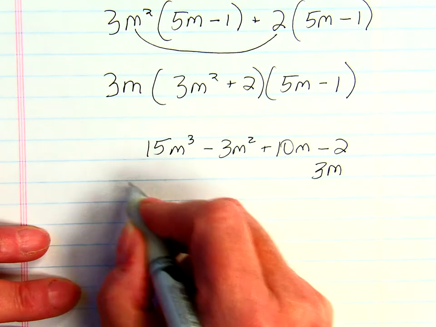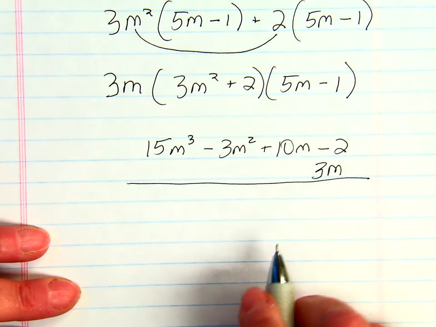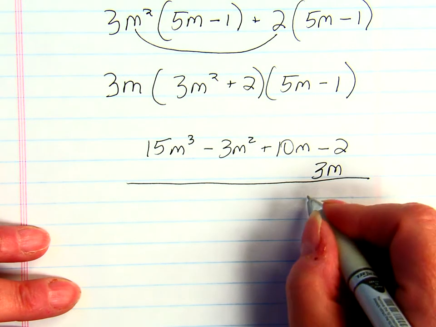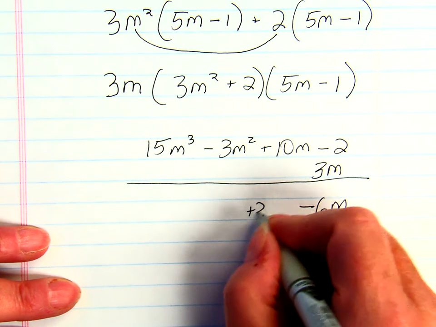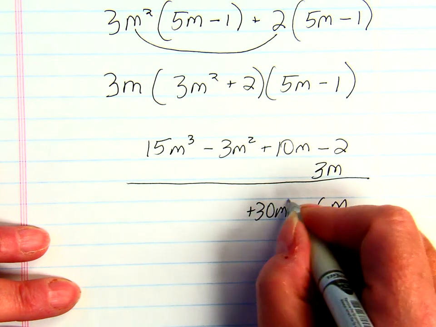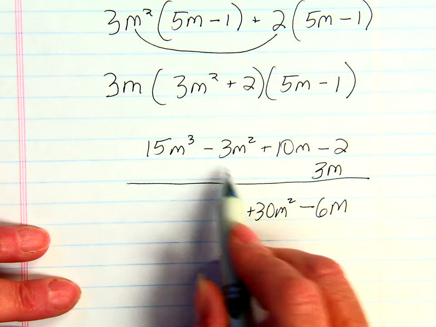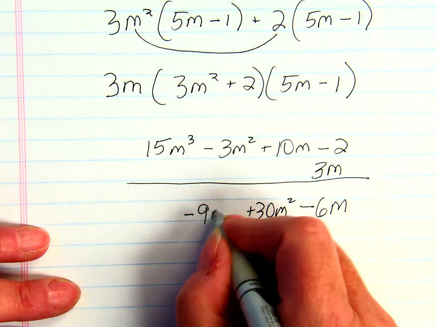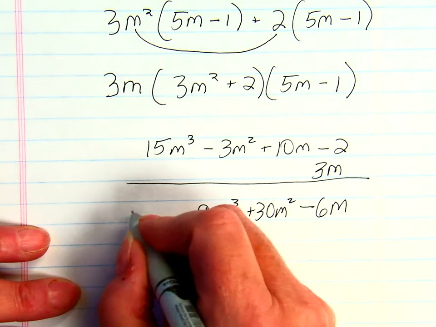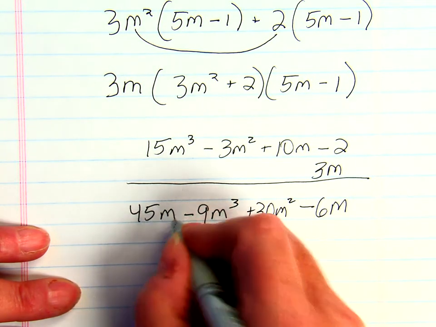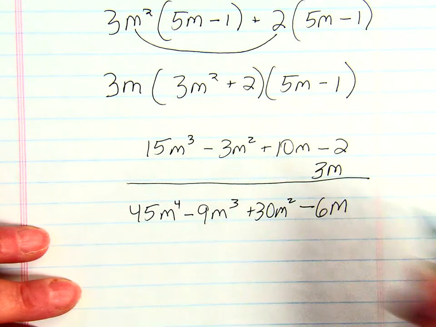And then I will multiply everything times 3m, giving me negative 6m here, positive 30m squared, negative 9m cubed, and positive 45m to the 4th.